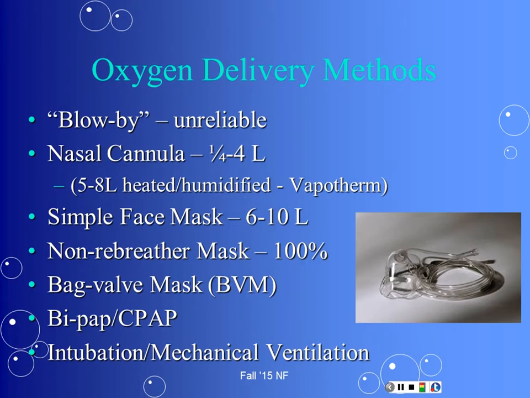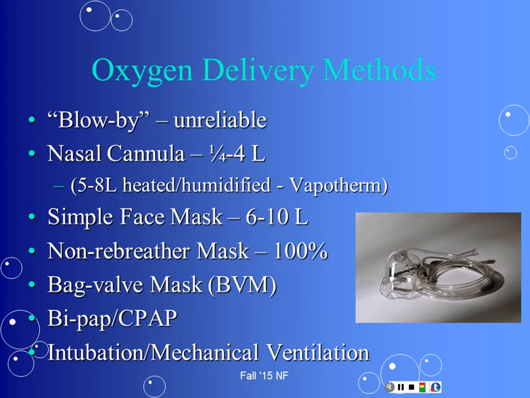Then you have your simple face mask, which is going to be your 6 to 10 liters. One of the things they can do with that simple face mask is hook up what's called a venti. To make it a venti mask or Venturi mask, they hook up a little flow meter to that simple face mask.